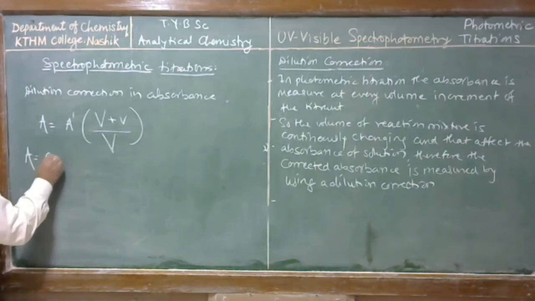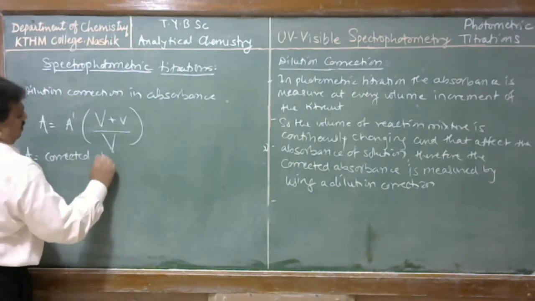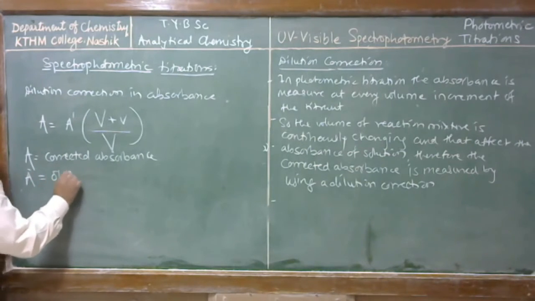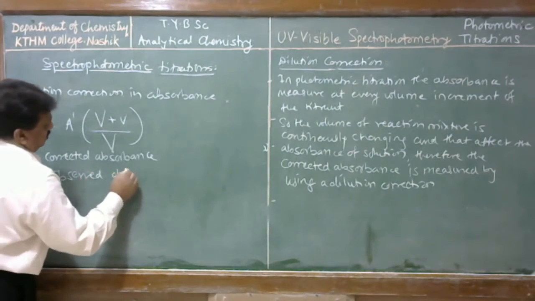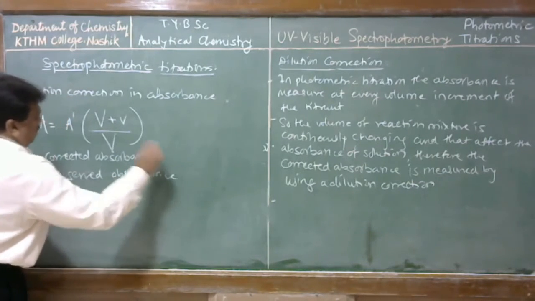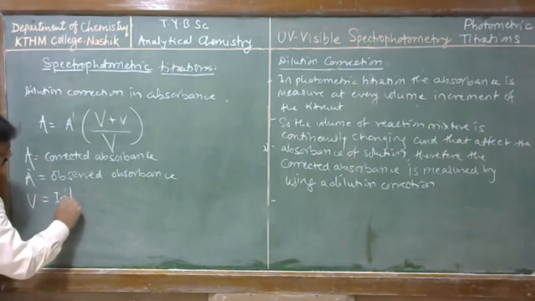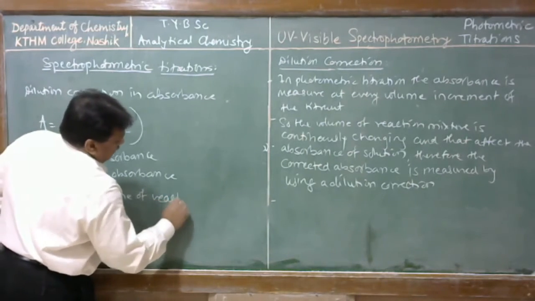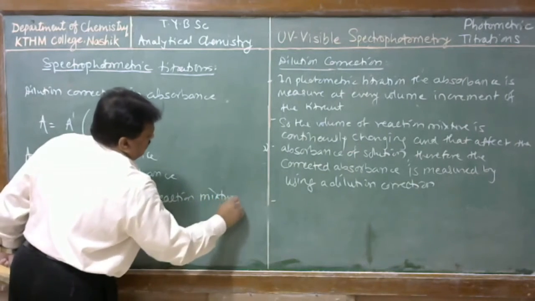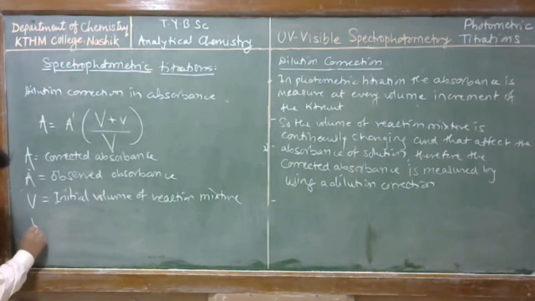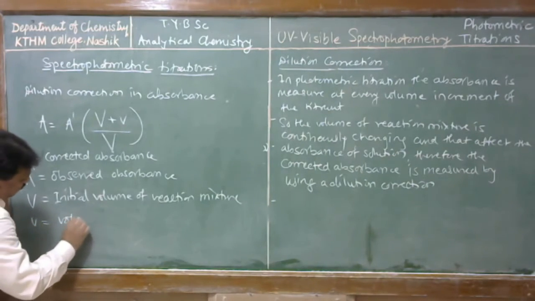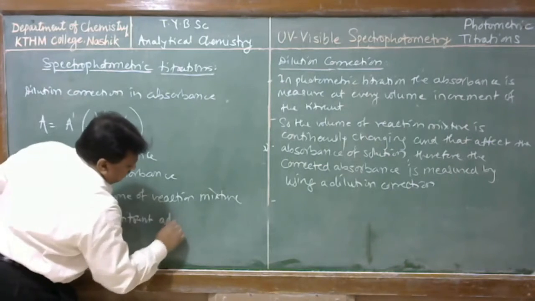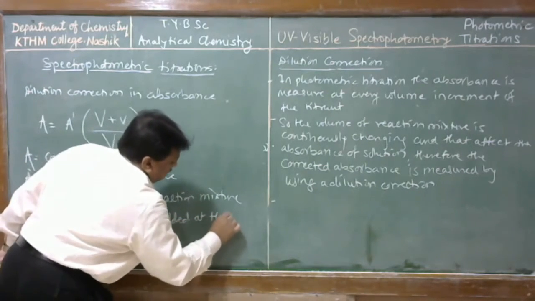where this A is called the corrected absorbance, A dash is the observed absorbance, capital V is the initial volume of reaction mixture, and here this small v is the volume of titrant added at that stage of titration.